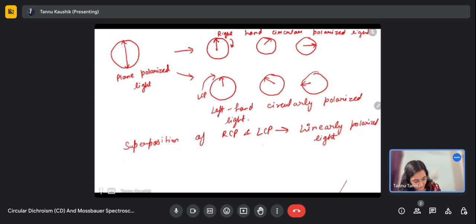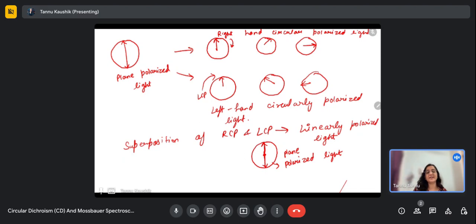So when these two parts are superimposed such that we get this type of polarized light, then we can call it plane polarized light.